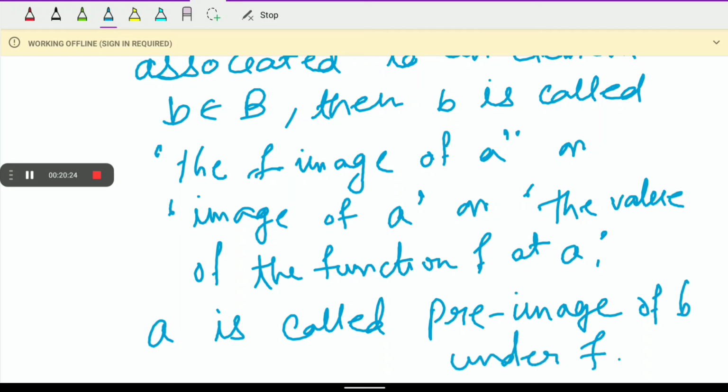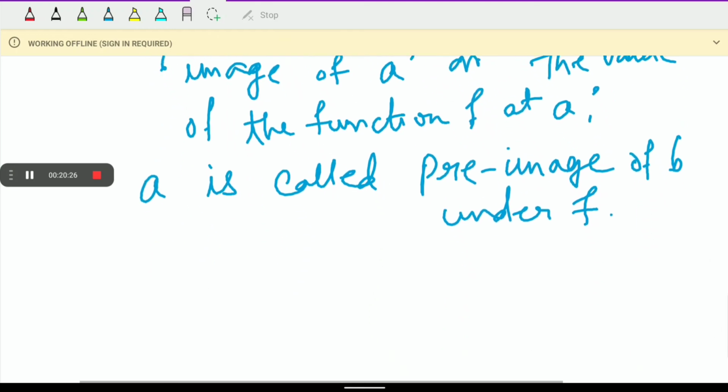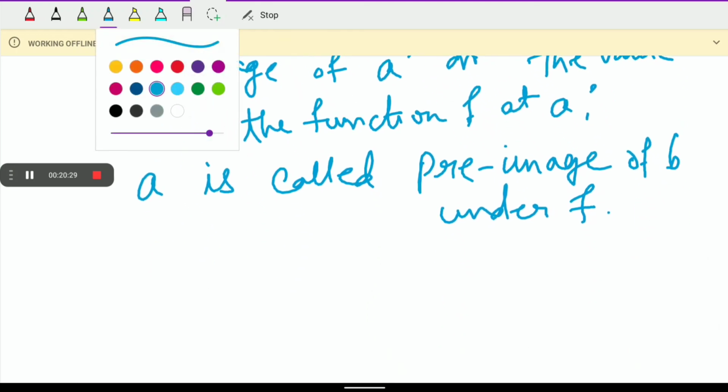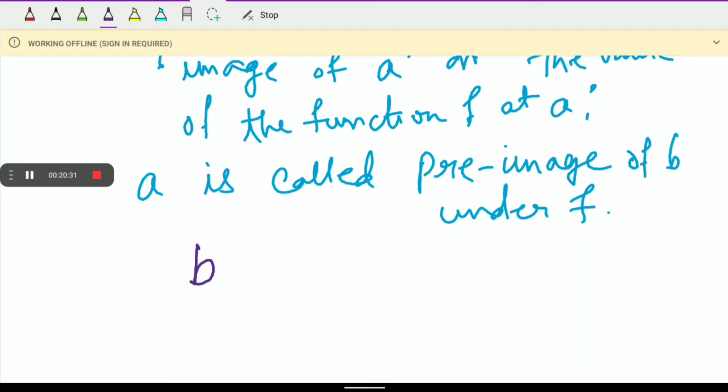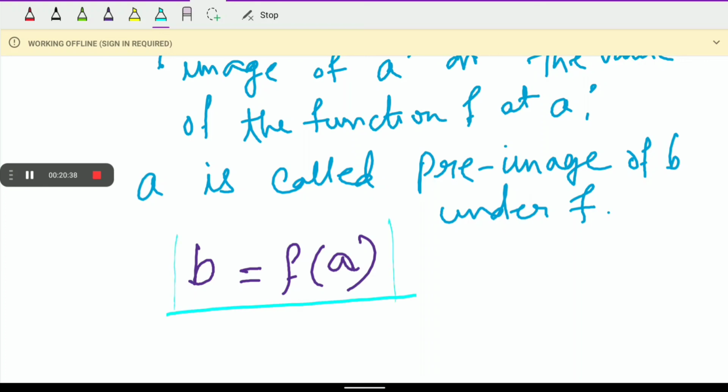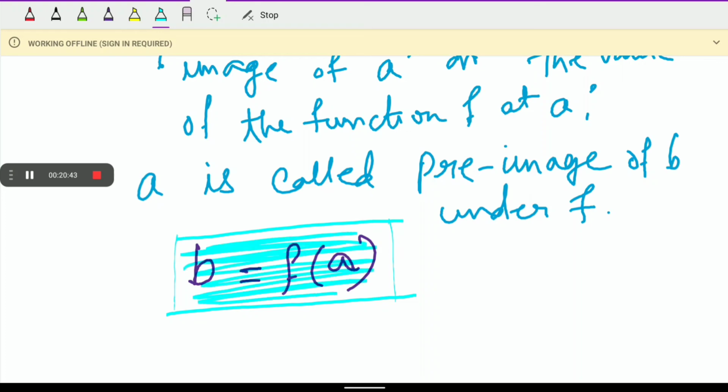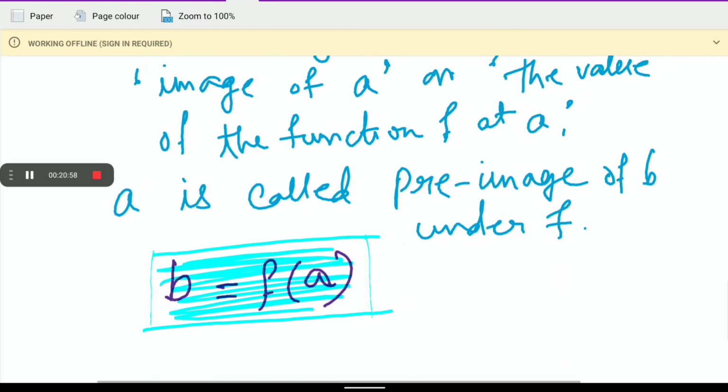So we write it as b equals f of a. It's very, very important. So a is called the pre-image of b, and b is called the image of a, or the value of function f at a.